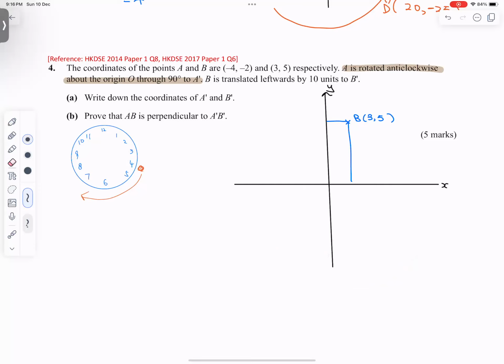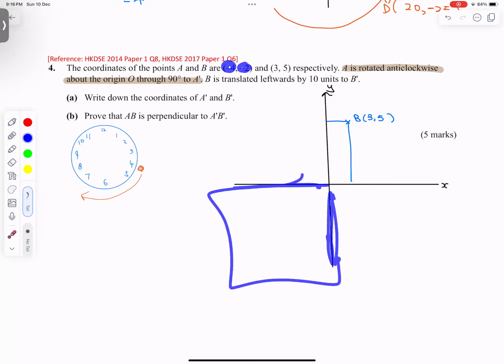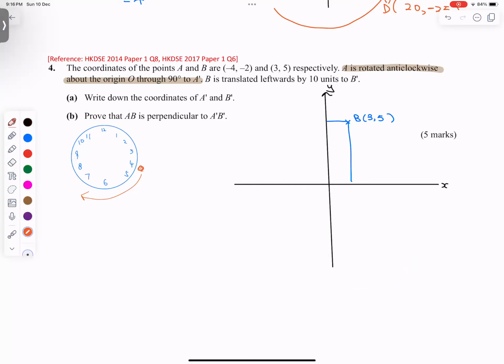A's X is negative, Y is also negative. So it's in this box. And then it's going that side because it's rotated anti-clockwise. So it comes here. 2 and 4.